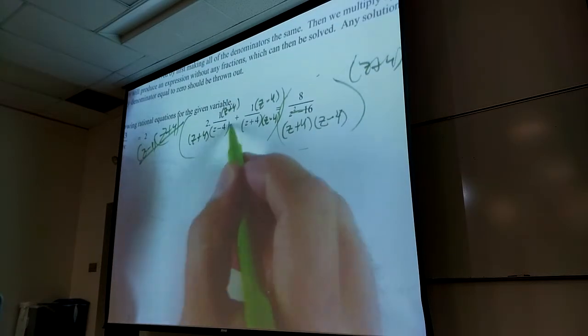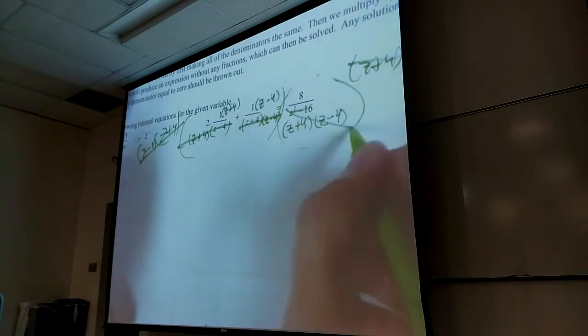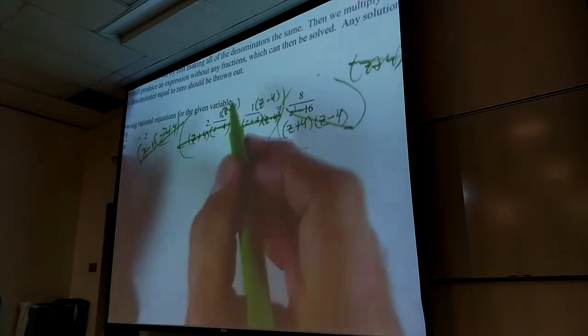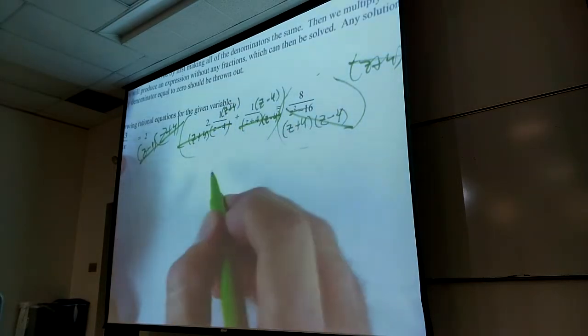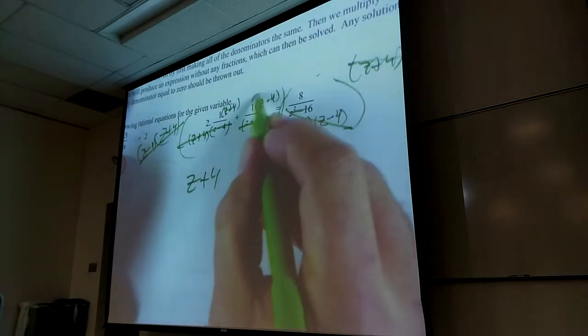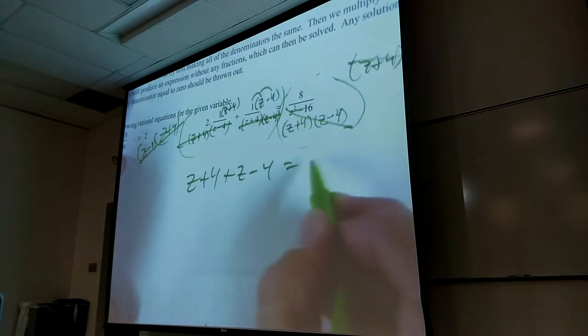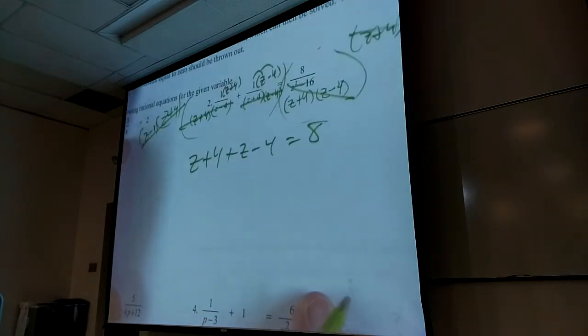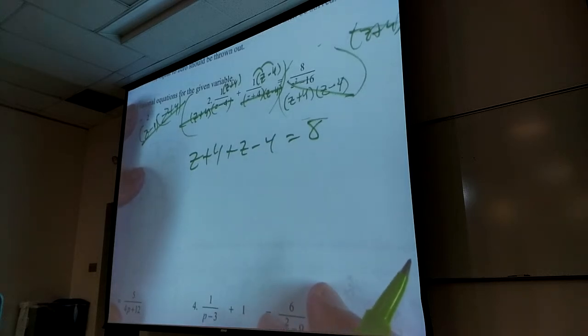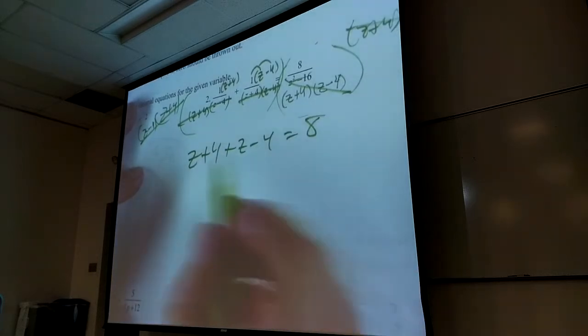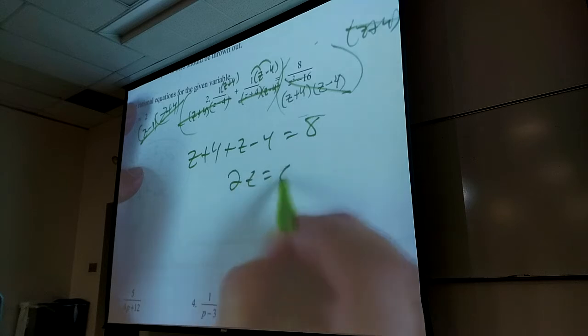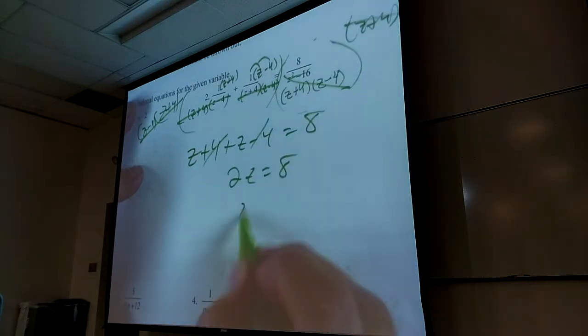Then these cancel everywhere. So what's left? Z plus 4 plus Z minus 4 equals 8. And that looks so much better. So I get 2Z equals 8, right? Because these go away. So I get Z is 4.